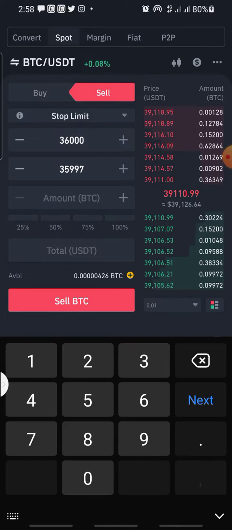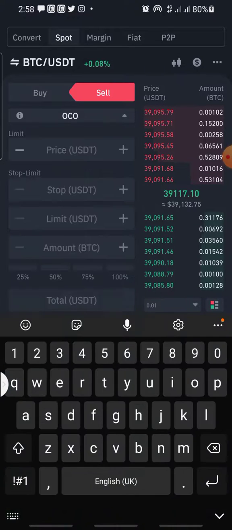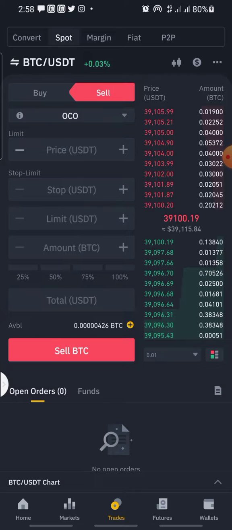But if you are making use of the OCO order, I don't know for other people, but OCO is the best, because the OCO order enables you to set 2 orders. The word OCO means order cancels order. So it means that you use the first order to cancel the second order.